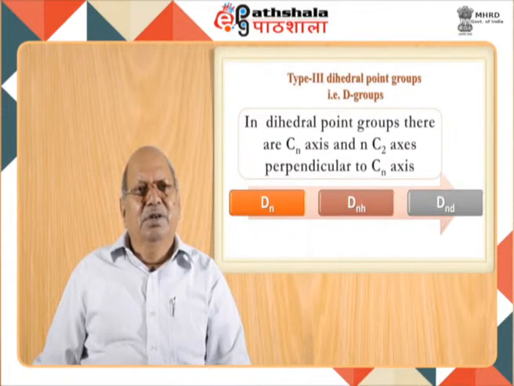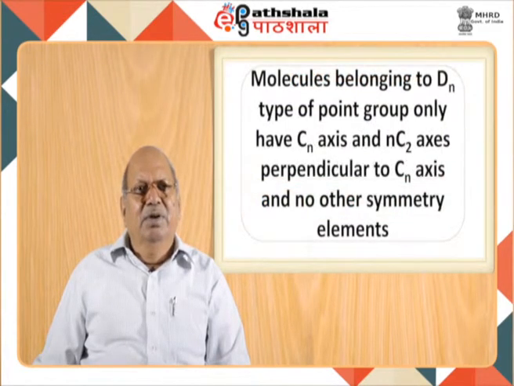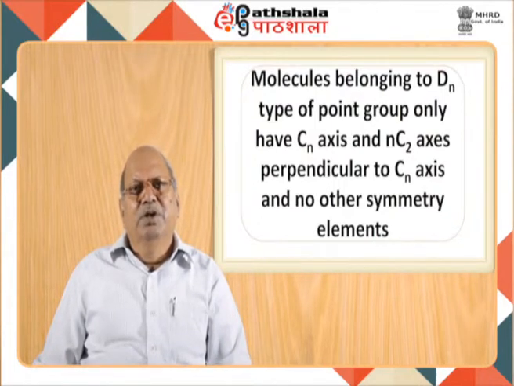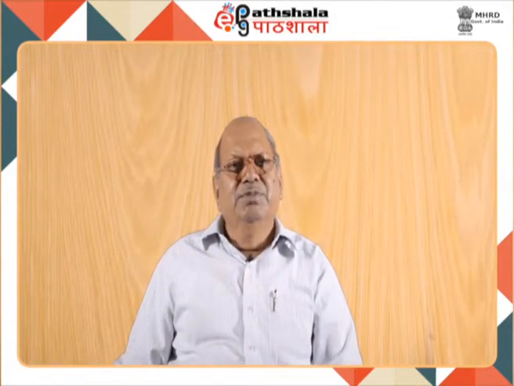First, let us take the Dn point group. That is, we have only the Cn axis and nC2 axes in this molecule. Molecules belonging to this type only have a Cn axis and nC2 axes perpendicular to the Cn axis, and no other symmetry elements are present in them. A few examples of these types are shown.